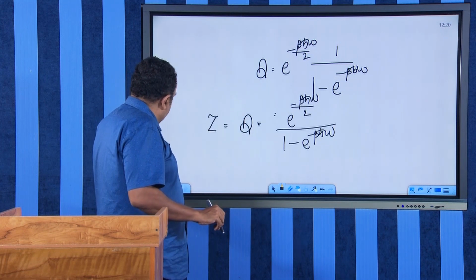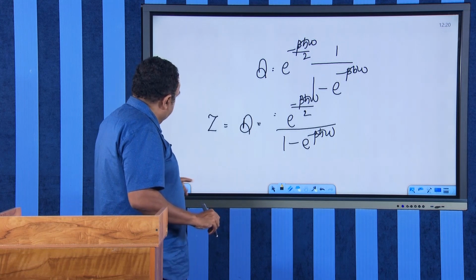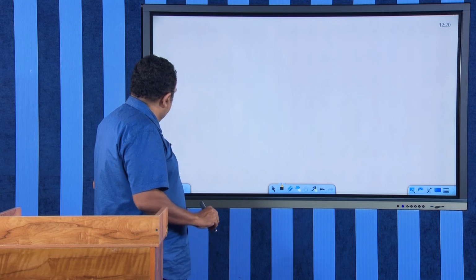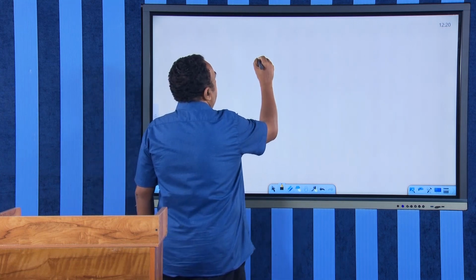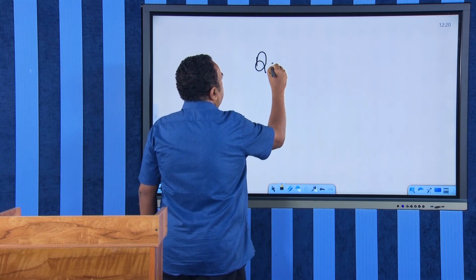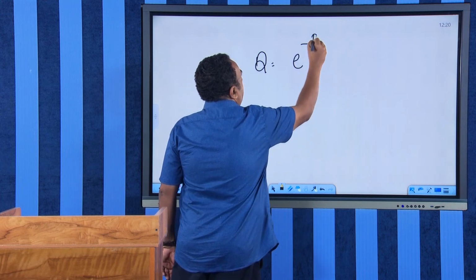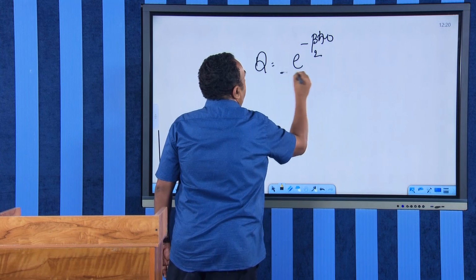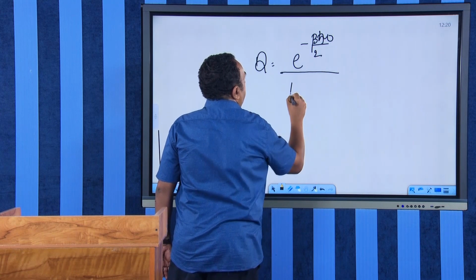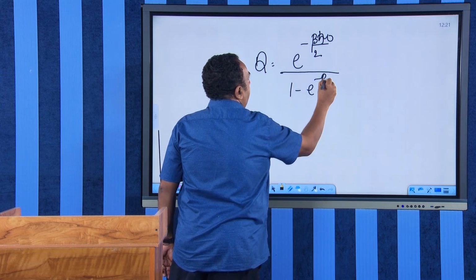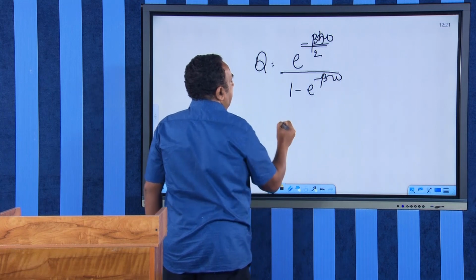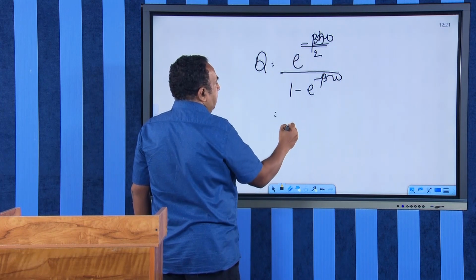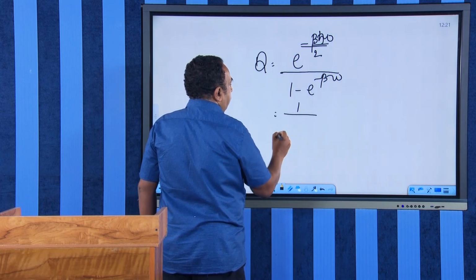There is one more way of writing this partition function, but that was not given in your choices, but you can remember that. Therefore, you have this partition function q given by e raised to minus beta h cut omega by 2 divided by 1 minus e raised to minus beta h cut omega. I can take that e raised to minus beta h cut omega by 2 to the denominator.